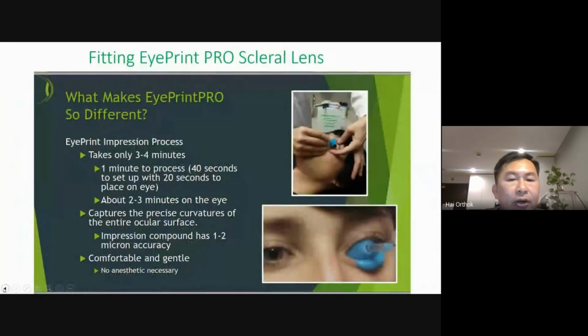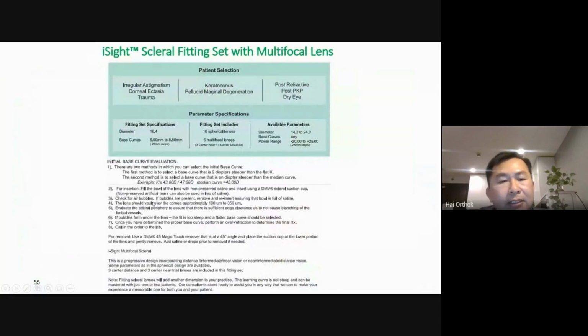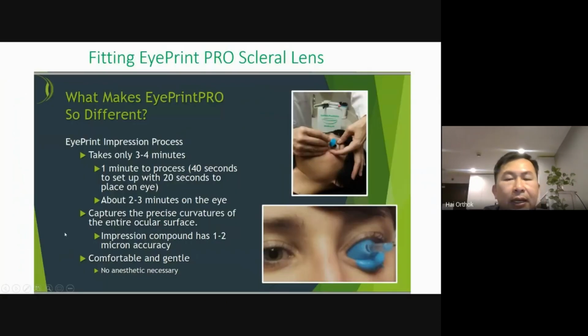So this part I already described to you. You can read more detail at home. Then the scleral lens with eye impression is another level of scleral lens, where we are able to make a template of our own eye and duplicate the morphology of the eye without the need of other information.